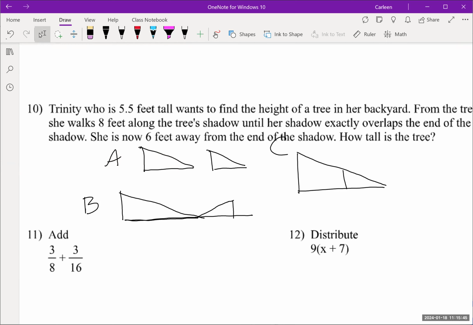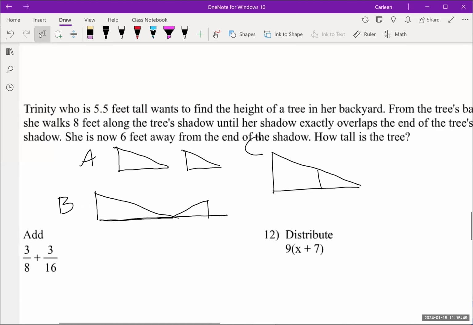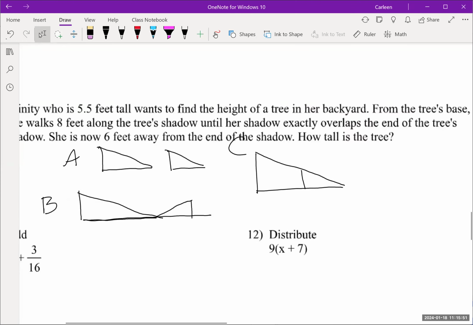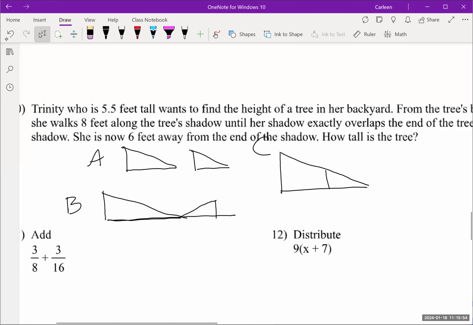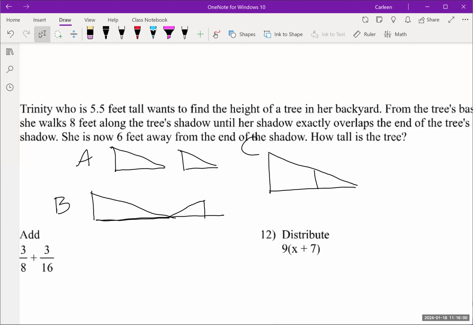Okay, Trinity is 5.5 feet tall. She wants to find the height of a tree in her backyard. From the tree's base, she walks 8 feet along the tree's shadow until her shadow exactly overlaps the end of the tree's shadow. Okay? The shadows are overlapping.